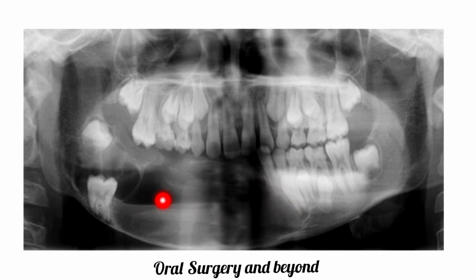So this may be an ameloblastoma mixed with the dentigerous cyst. We can consider a unicystic ameloblastoma. For differential diagnosis of this kind of pathology, we can consider a dentigerous cyst, unicystic ameloblastoma, or odontogenic keratocyst.